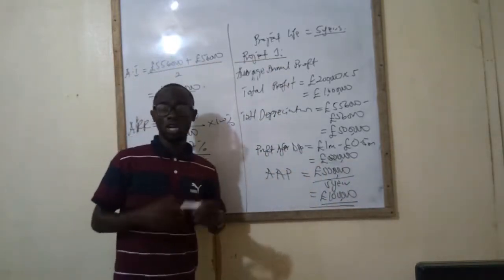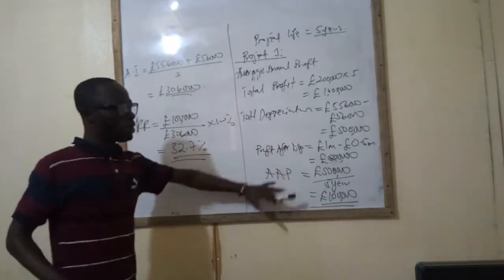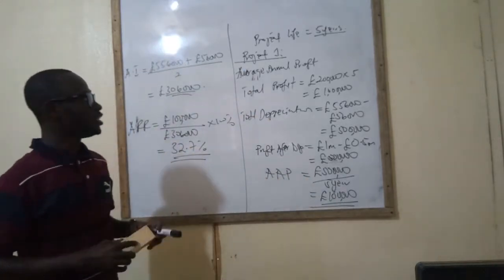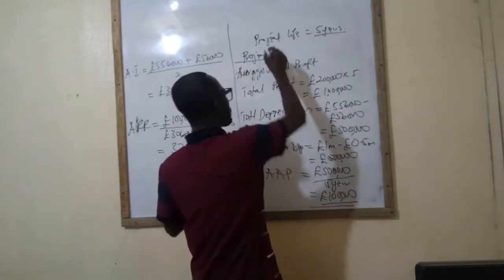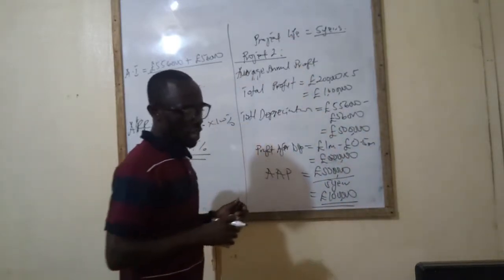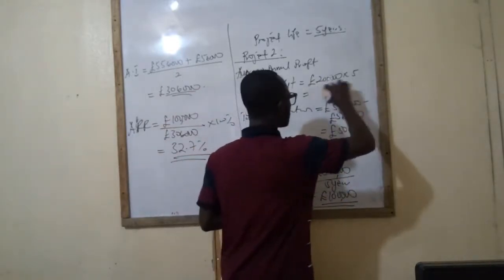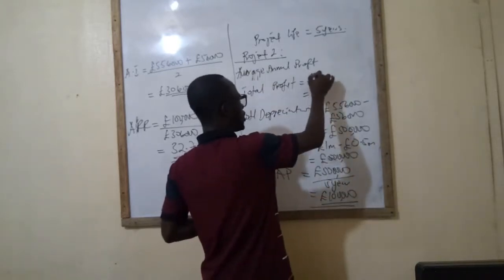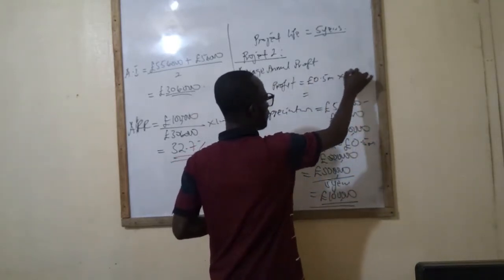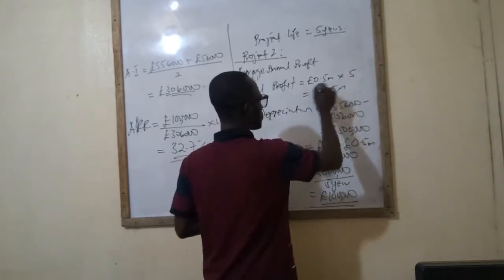But we were not given only one project, we were given 2 projects. So using the same idea, let's go through the second project. So project 2. With project 2, we are told that every year we make a return of £500,000. So that's 0.5 million pounds by 5, and that will give us 2.5 million pounds.